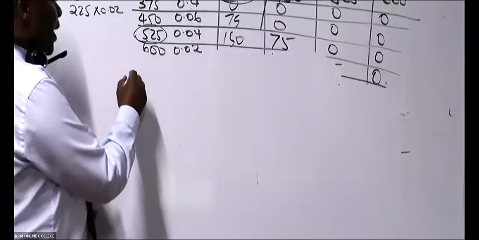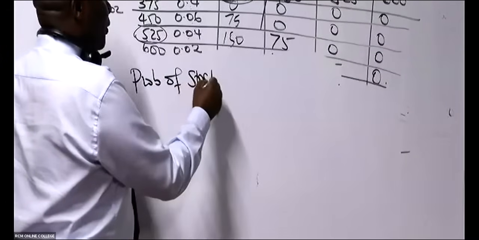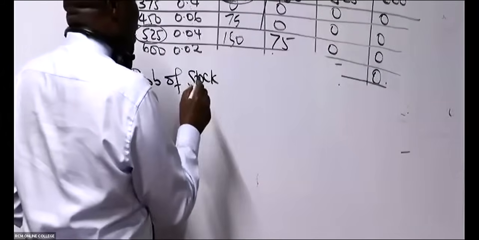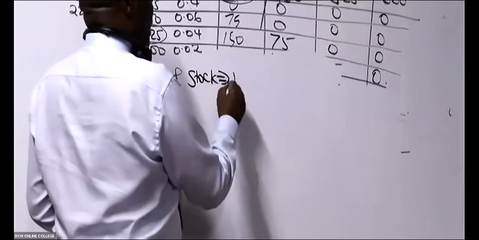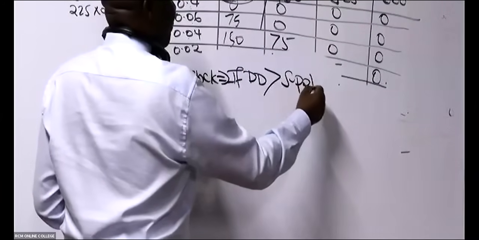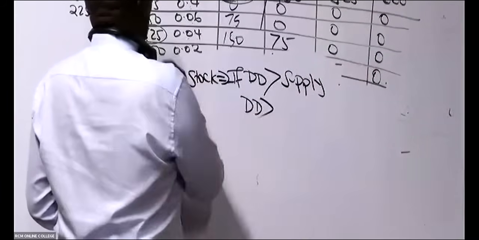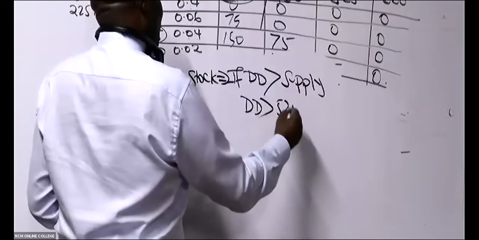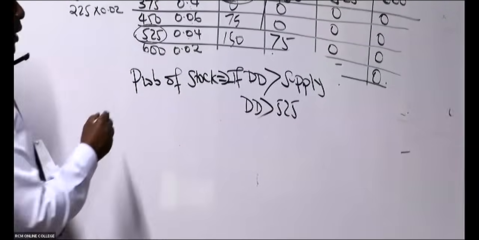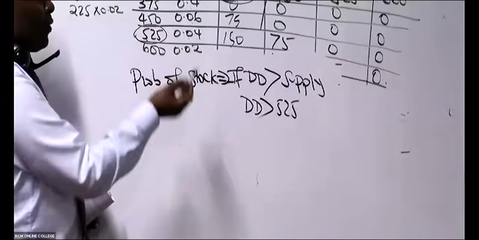In most cases, they will ask you for the probability of a stock out, the probability of running out of stocks. We can only run out of stocks if demand is more than what we have supplied, which is 525. So we have only one possibility, demand being 600, demand being more than 525.